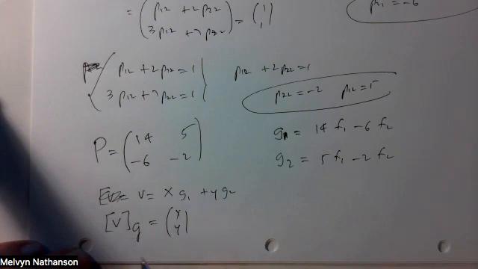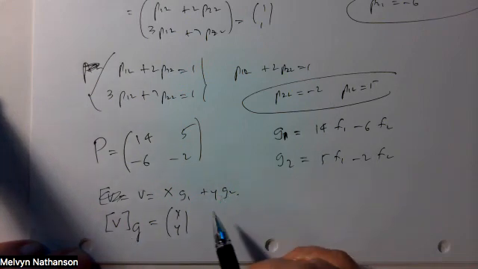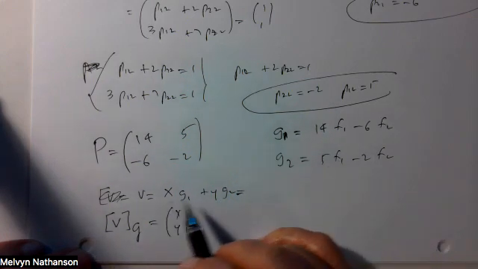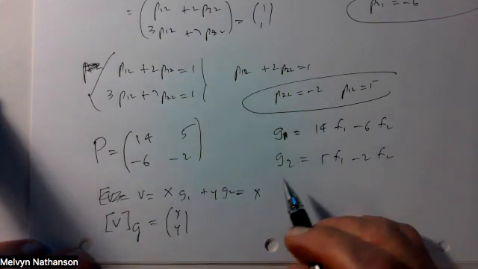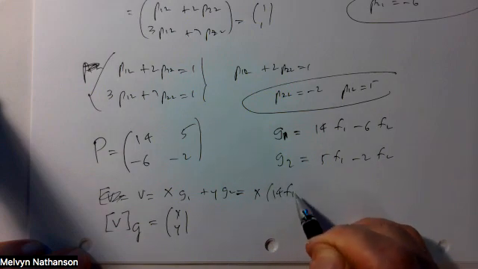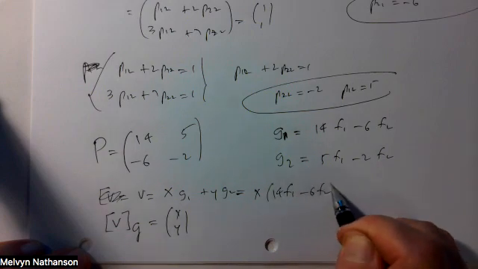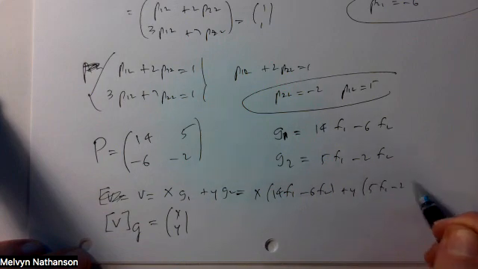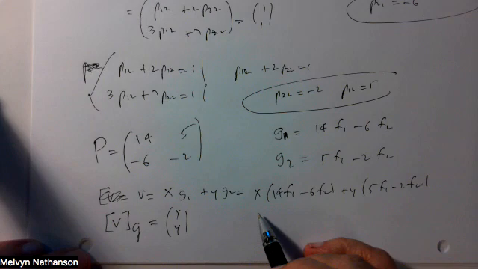That's the definition of the coordinate vector. These are the coordinates of V expressed as a linear combination of the vectors in the basis G. But what are G1 and G2? I can write this as x times 14 F1 minus 6 F2 plus y times 5 F1 minus 2 F2.